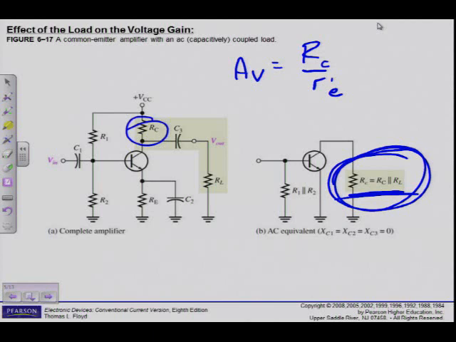Now the output resistance changes to, in this example, 833. How is that going to influence my voltage gain? Even if I use the formula for maximum voltage gain, I can see now it's 833 divided by 6,58 ohms. And now it's only 127. Remember the previous one it was 152.